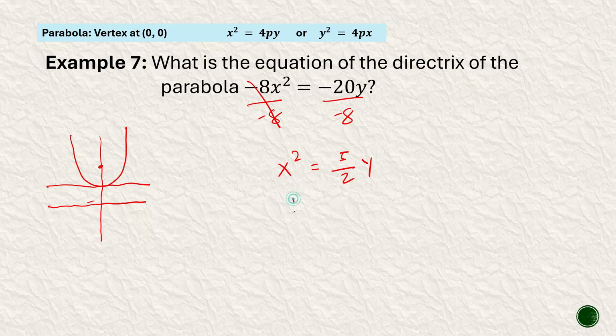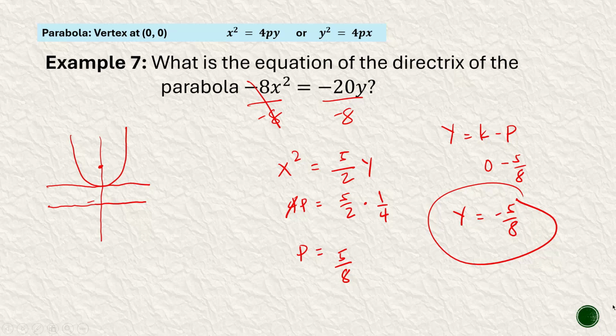So let's solve for p. 4p equals 5 over 2, so p equals 5 over 2 times 1/4, which is the same as dividing both sides by 4. So this is 5 over 8. And for the equation of the directrix, if it opens upward or downward, this will just be y equals k minus p, 0 minus 5 over 8. That means y equals negative 5 over 8.